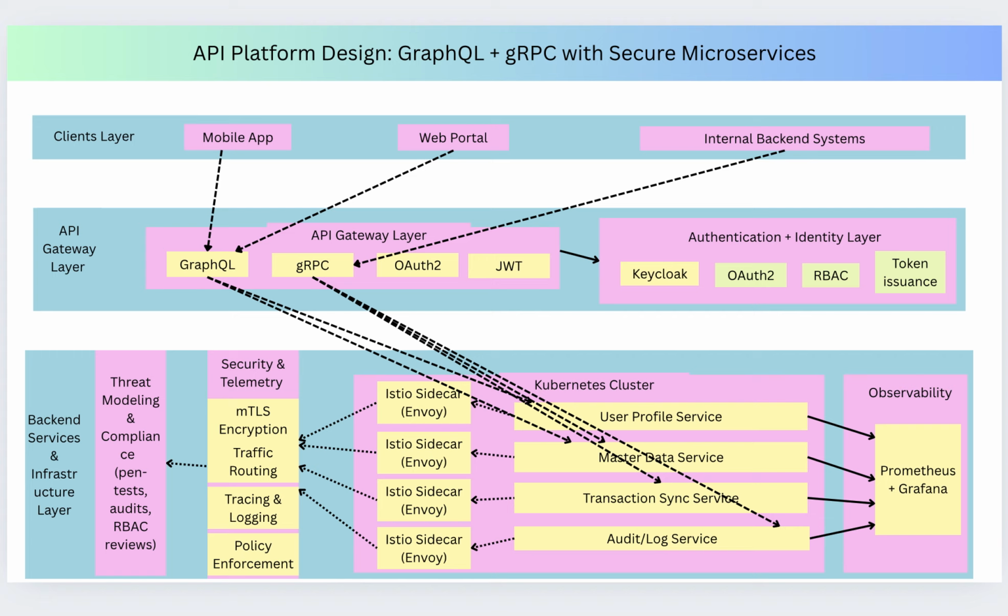Keycloak handles user login via standard OAuth2 flows, authorization code, client credentials, etc., and token issuance and introspection, and role-based access control RBAC policies based on user or client roles, integration with internal identity providers like LDAP or custom user DBs.